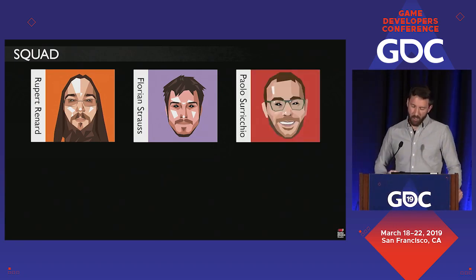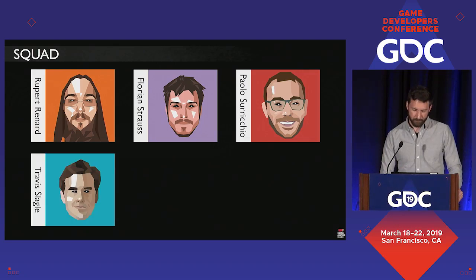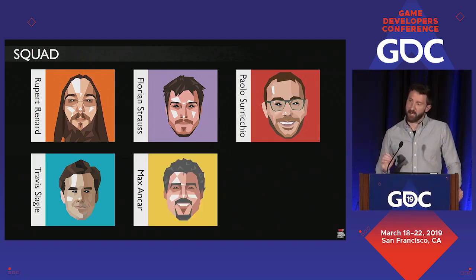Paolo Saricchio, one of our graphics programmers responsible for effects and rendering, did a great job integrating and evolving wind influence in our particle workflow to my specifications. Travis Slagle, a tools tech artist, built the tools that we use to alter 90% of our vertex data on our wind meshes. And Max Ankar, our effects lead for this project, he set up wind on the vast majority of tacks and was by far the wind system's biggest fan from day one.